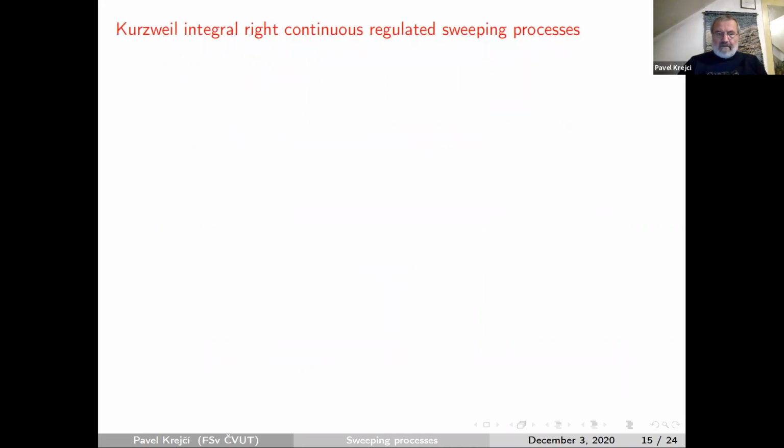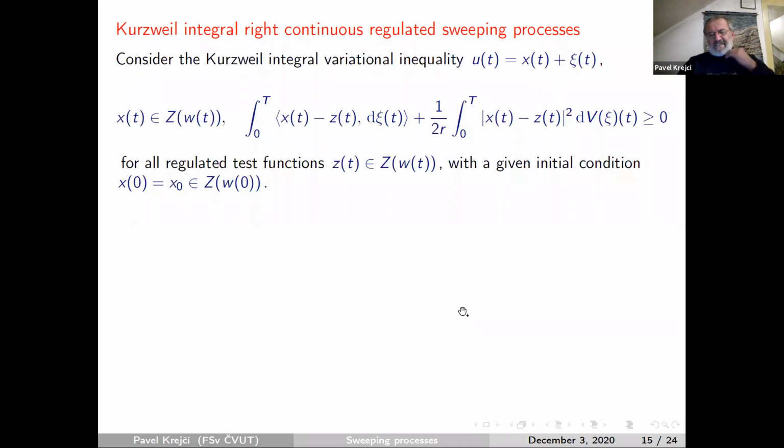And now we restrict ourselves to right continuous inputs in order to make things simpler, but I will comment on that later. So again, we are given a function u, which is regulated. We look for a decomposition. So u again corresponds to the total strain.